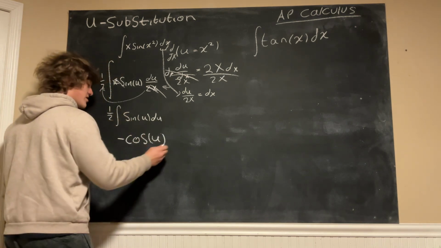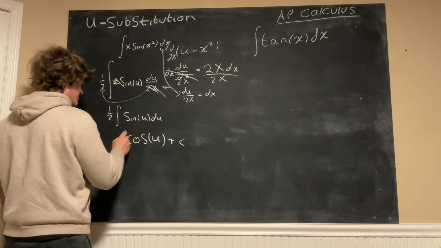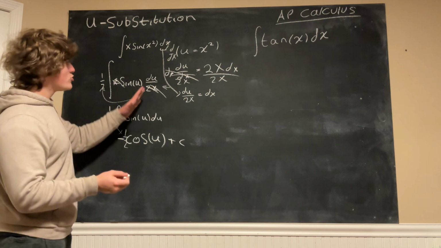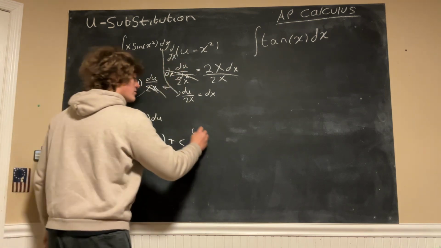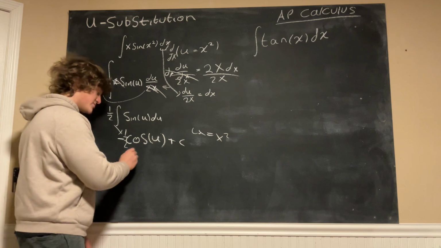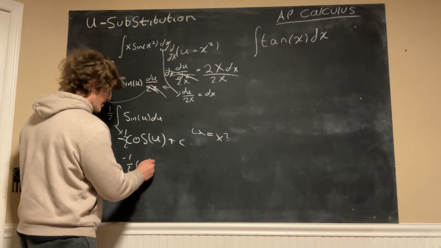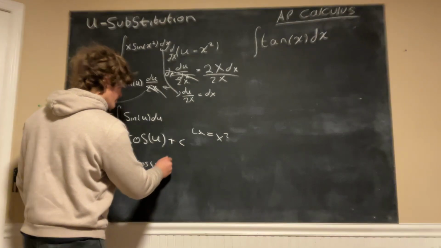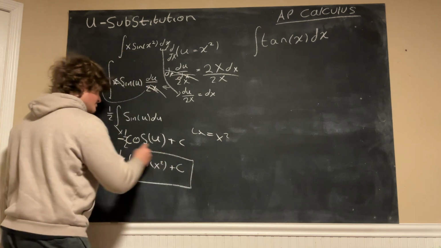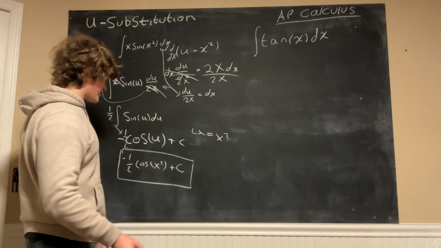So that's negative cosine of u plus c, and this is times 1/2, since we have to bring down the 1/2. And now, if you recall, u is equal to x squared, so we can just replug that in right here. So this becomes negative 1/2 cosine x squared plus c. And this is our answer for that first integral.